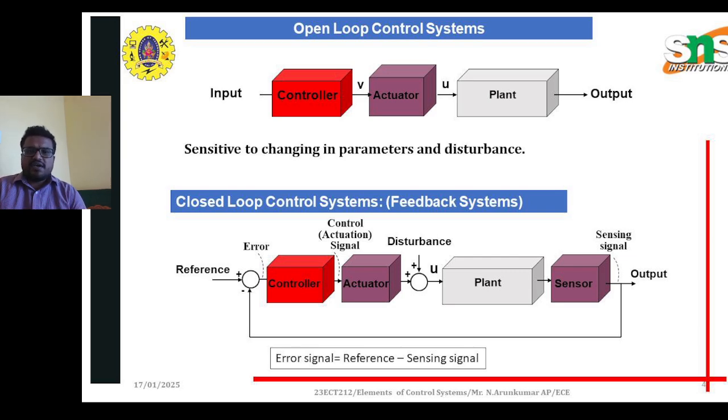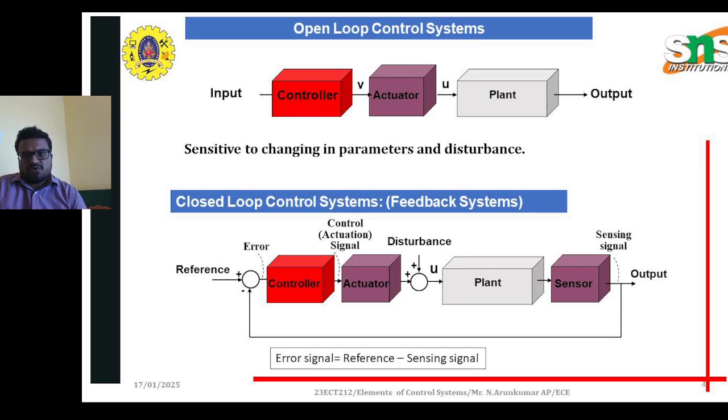The main application of this closed loop control system is that if we find any error during the signal generation, the error is automatically identified in the input signals, then rectified by the controller, and forwarded to the next stage of actuators, so that we can get the original signals without any error.